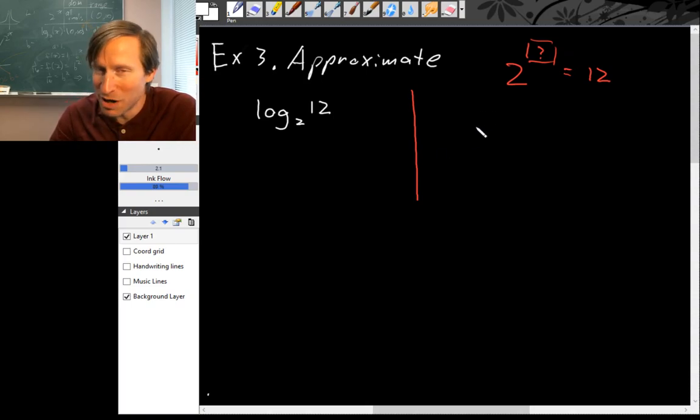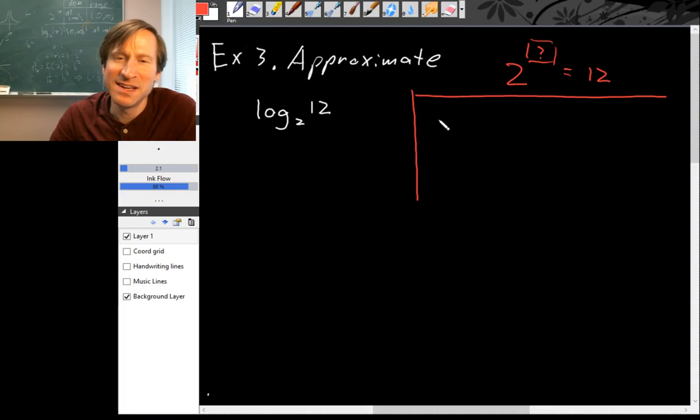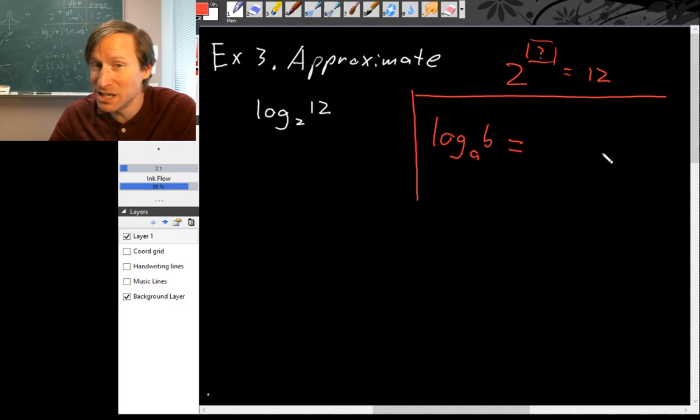Fortunately, there is a property of logarithms that lets you change the base. It's rather cleverly called the change of base formula. And it says this: log base a of b is equal to, so first of all, you can choose any new base that you want. So you can choose base e or base 10 or anything, really.